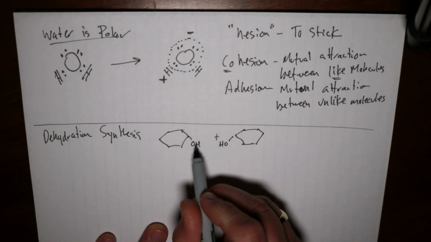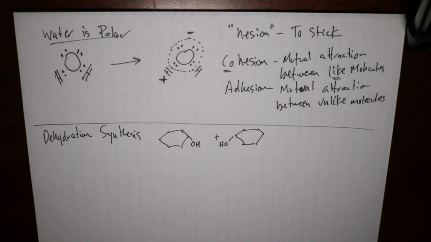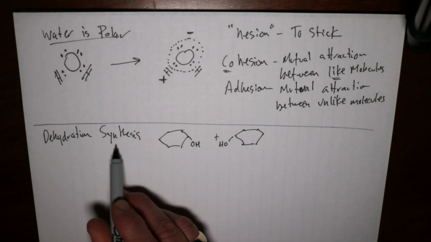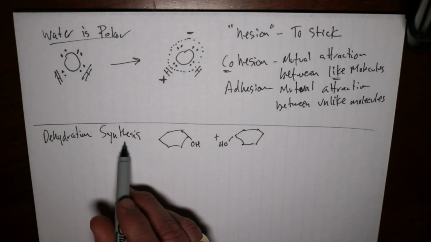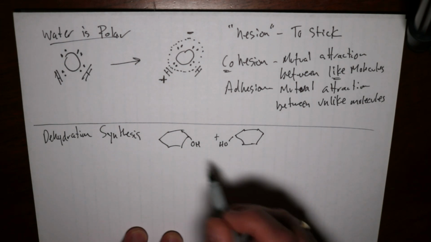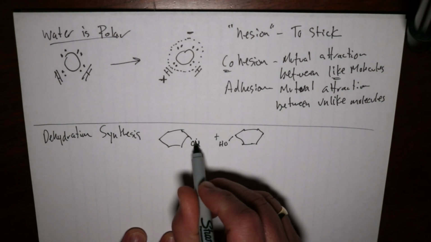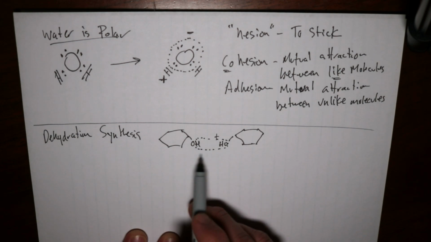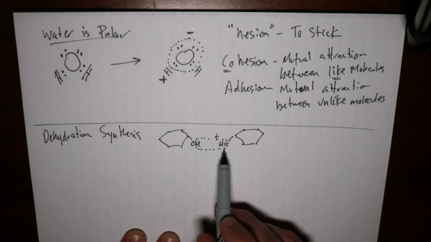So check this out. If you think back to dehydration synthesis, dehydration means to take water out. Synthesis means to put together, right? So we're going to take a water out. So I'm going to draw one of these little dotted lines again like this, just to show you we're taking that H and that HO out.